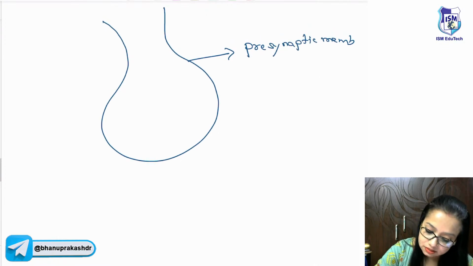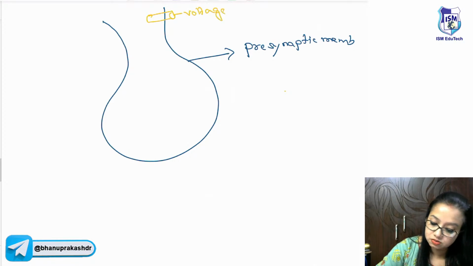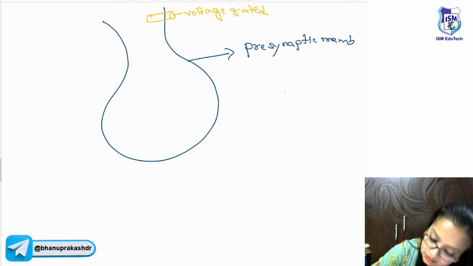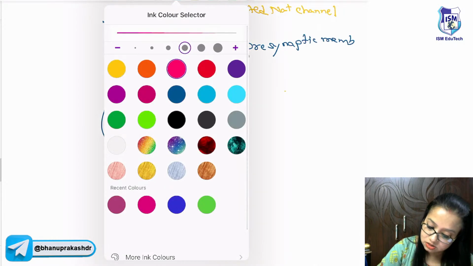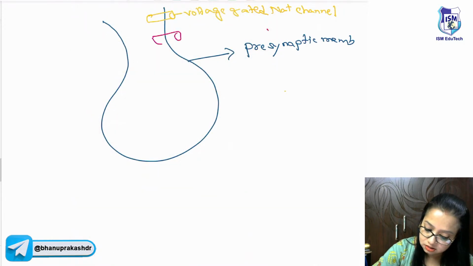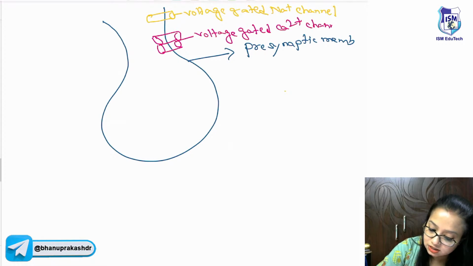What does it have? It has got the voltage gated sodium channel. What other things does it have? It has got the voltage gated calcium channel.